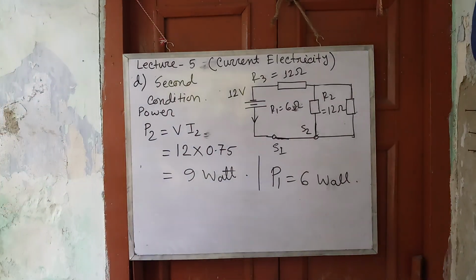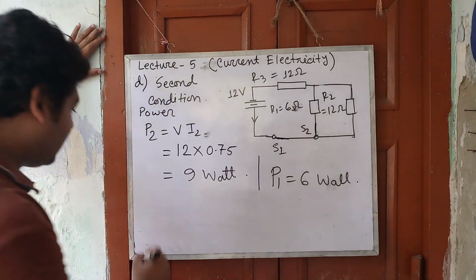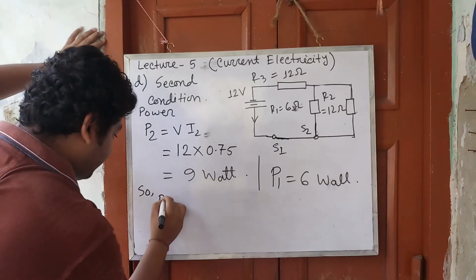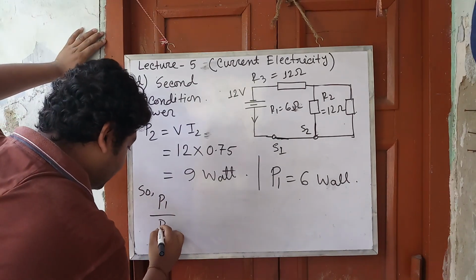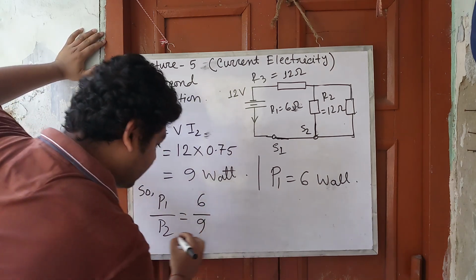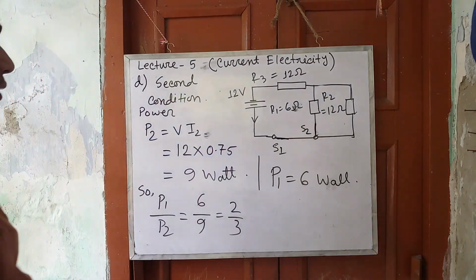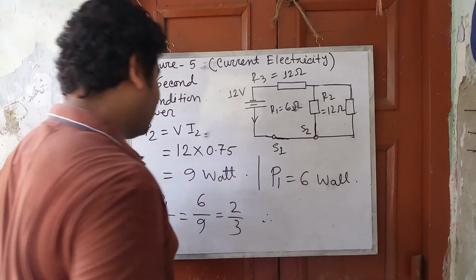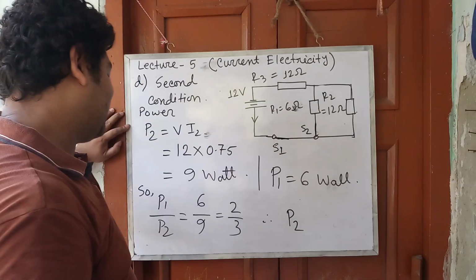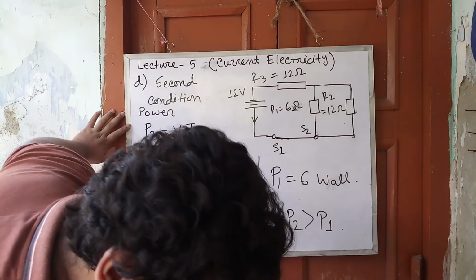Then the comparison. Comparing, P1 divided by P2 equal to 6 by 9, so we can write 2 by 3. So we get that P2 is greater than P1.